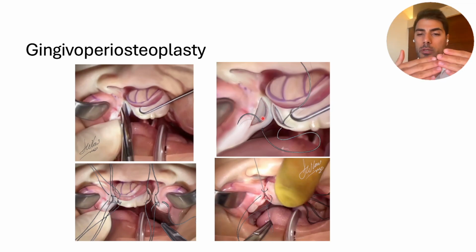Why? Because we want the periosteum to be sutured to each other because they have the ability of bone growth formation. So this is what we do. We suture the gingivas together, but in a subperiosteal plane. We raise the periosteum with the gingiva, and then we suture them.